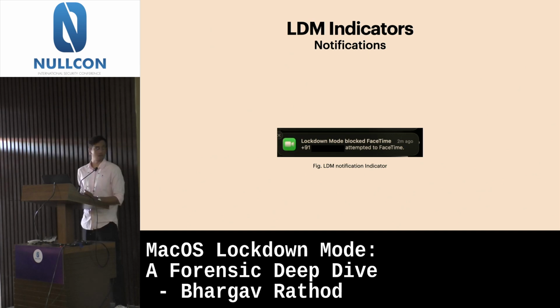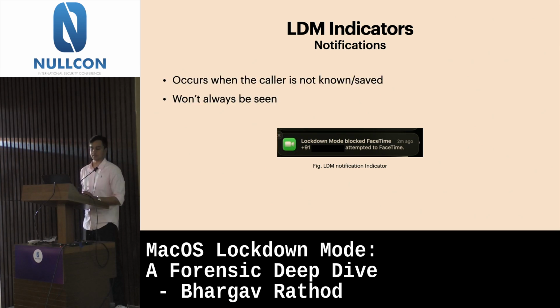It will just block or reject that FaceTime call, and it will be visible in your notifications. It will not always be seen, because for that, someone needs to call your mobile number, or they have to know your Apple ID. And this is the one indicator which you will not find very easily.